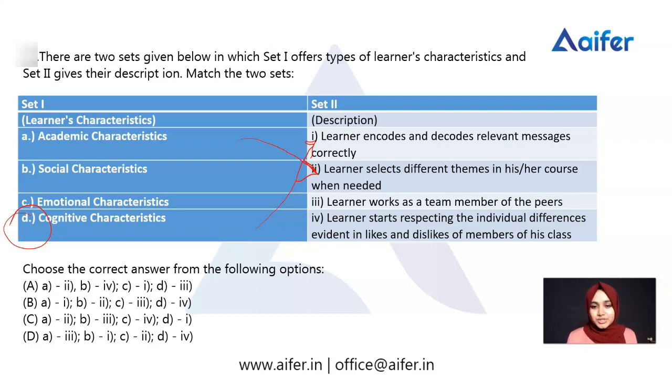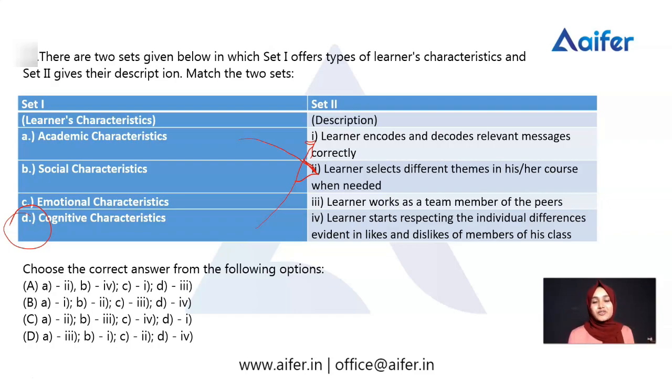Then the third description: learner works as a team member of the peers. Who are peers? Peers are the people in the same age category as the individual. So here, the learner works as a team member, a group member, which clearly focuses on the social domain or social characteristics.